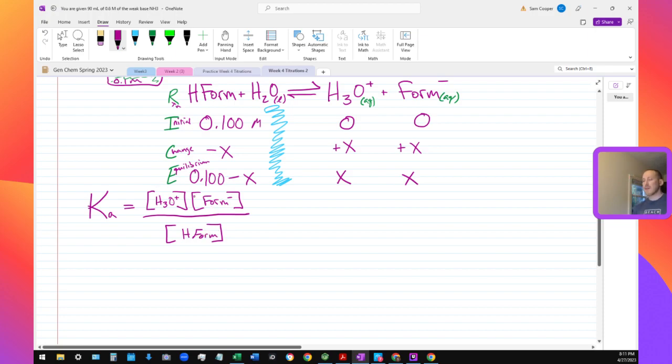So again, this is our products over reactants. And when it reaches equilibrium, according to experimental data, any given acid will have a ratio of concentrations that it settles in. Now, we're going to have to obtain that ratio from some sort of literature source.